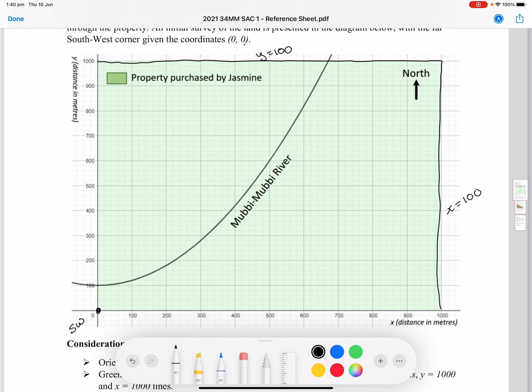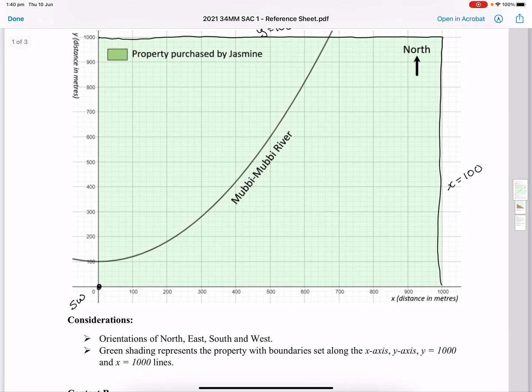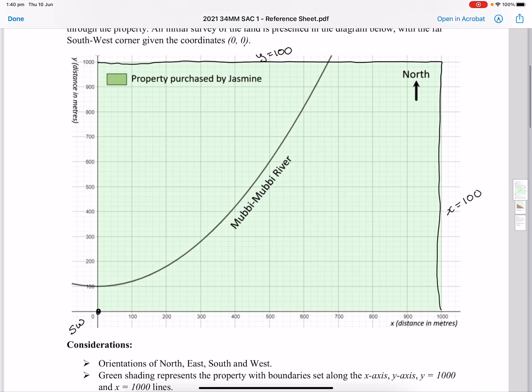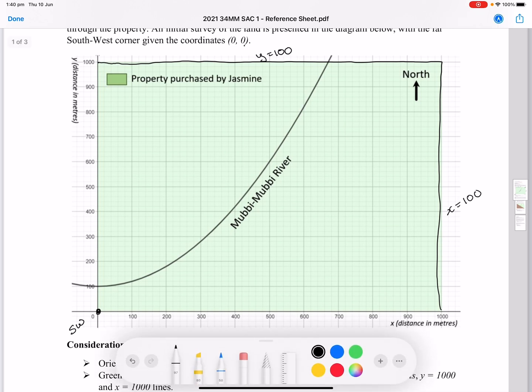Your considerations with this: you need to know where north, east, south and west are. You won't have to say this direction north, this direction south, this direction east, or northeast, southeast, stuff like that. But you do need to orientate yourself with the north being shown here.